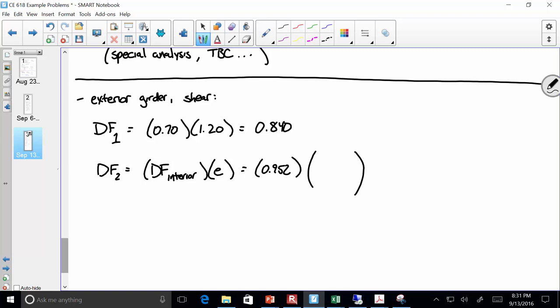Okay, there we go. You got it. 0.6 plus de over 10. There you go. Exactly right. Sound good? So that is 0.952 times 0.6 plus 2 over 10. That comes out to be, what is that? 1.04?